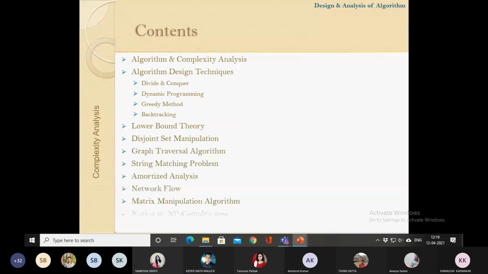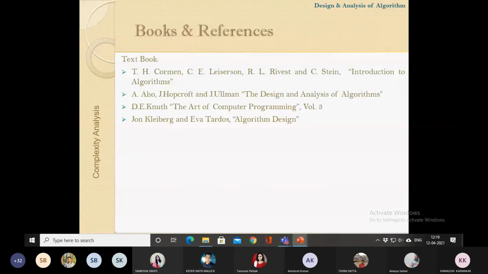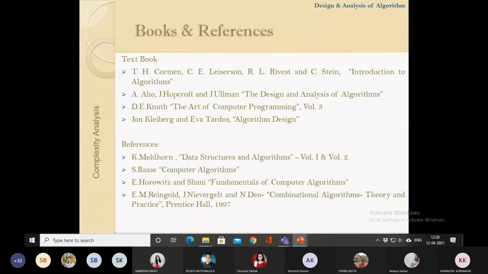You have to collect 2 books at least. Okay, this one, the first one, and these 2 books are needed at this moment.